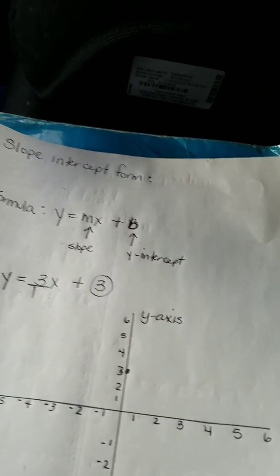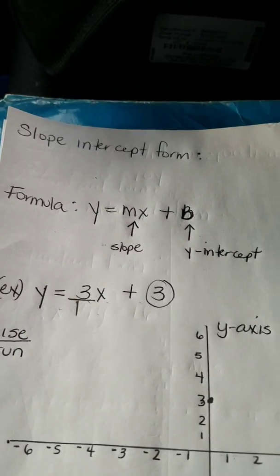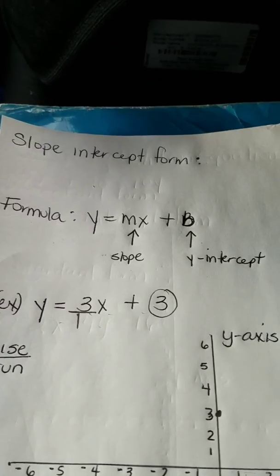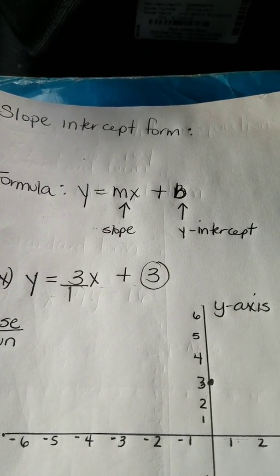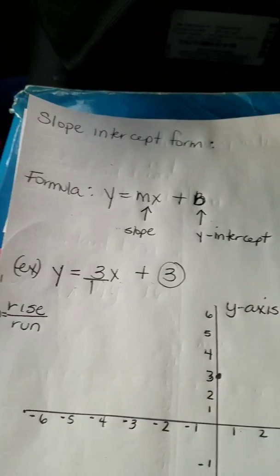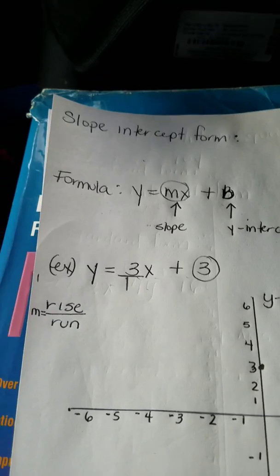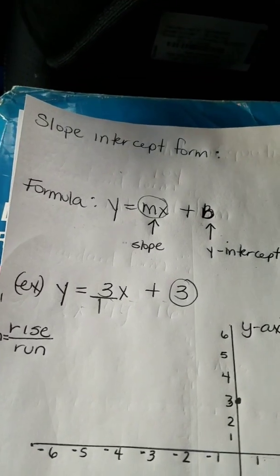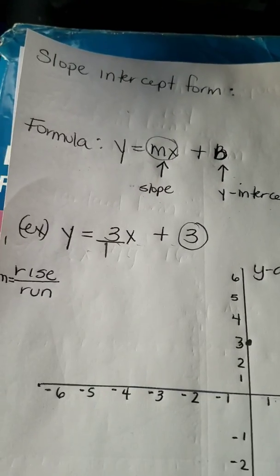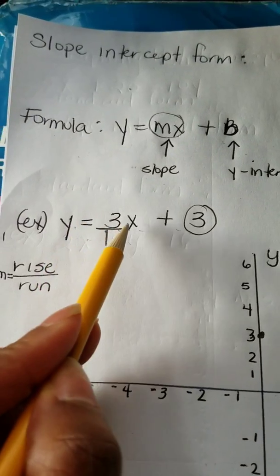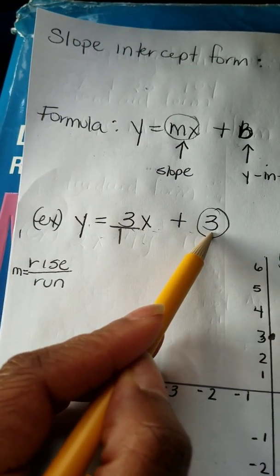In regards to slope-intercept form, there's a formula that we use, and the formula is y equals mx plus b. The mx is the slope and the b is the y-intercept. The example we are going to use is y equals 3x plus 3.